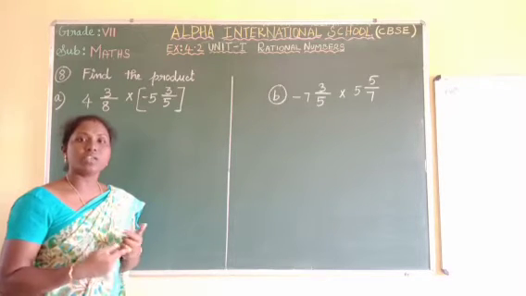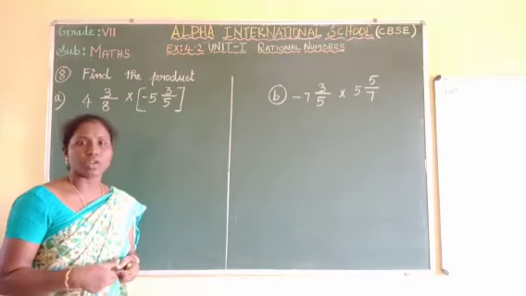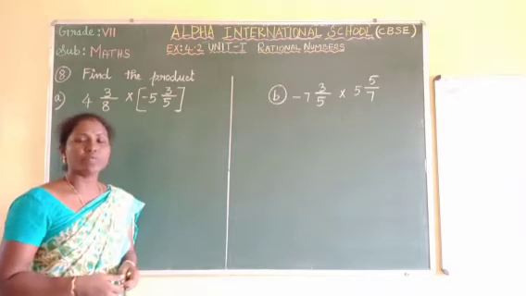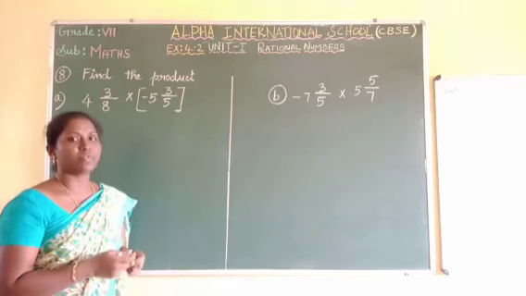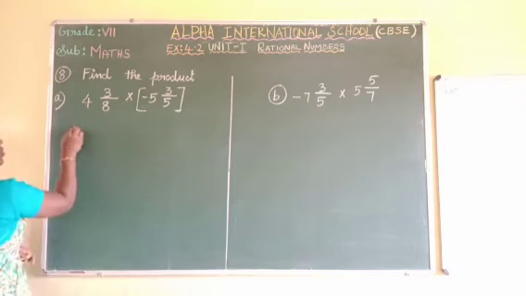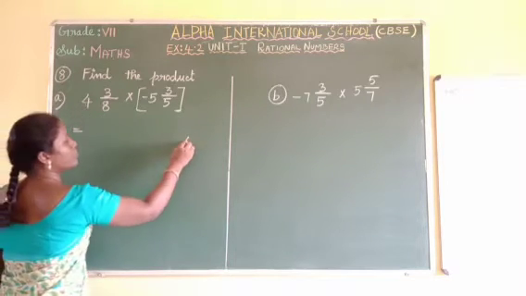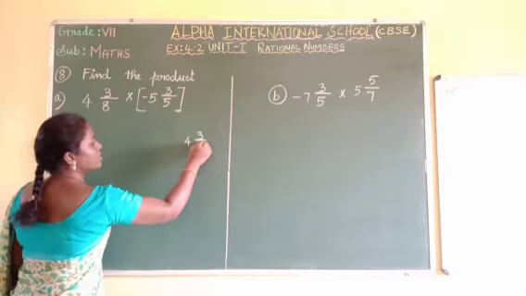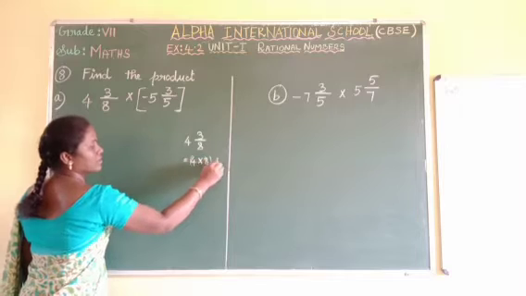We have to change the given improper fraction to a mixed fraction, and only then start the calculation. Let us change now. For the first problem, how will we change? For example, 3 by 8 means we have to multiply 4 into 8 plus 3.